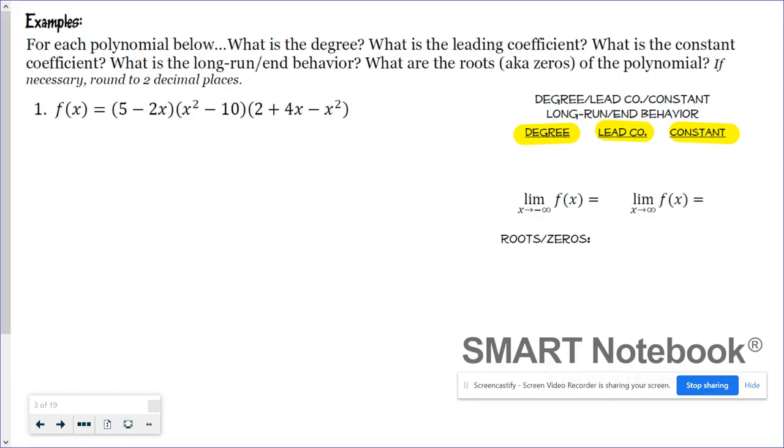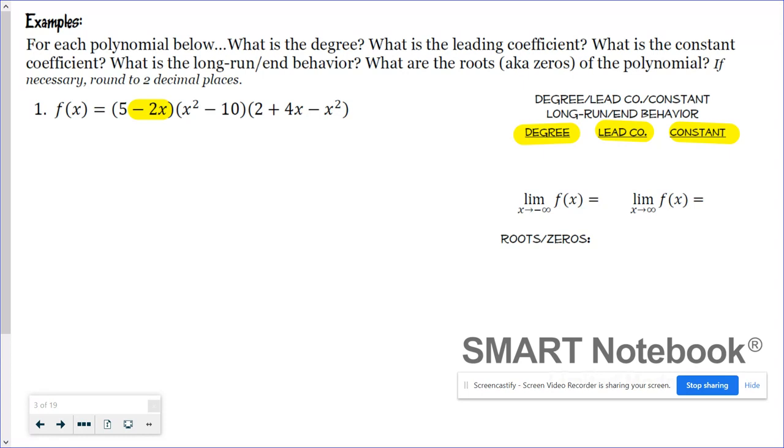For those things, I need to be like, well, what's the leading term? So remember, leading term, I want to look at each factor. I want to be like, what's the leading term of that factor? I also want to consider any outside multiplicity, right? So the first factor, 5 minus 2x, has a leading term of negative 2x.